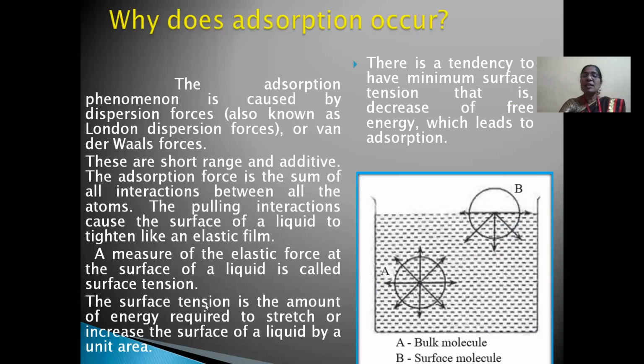So what is meant by surface tension? Surface tension is the amount of energy required to stretch or increase the surface of a liquid by a unit area. That means there is a tendency to have minimum surface tension, that is, a decrease of free energy, which leads to adsorption.